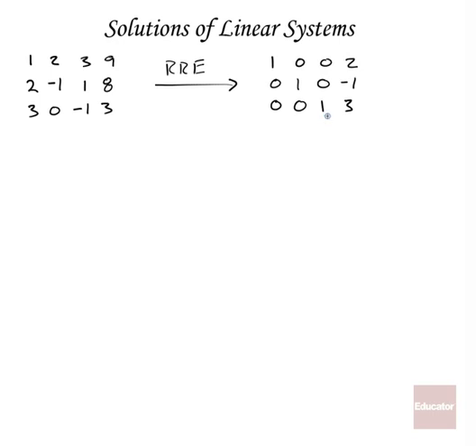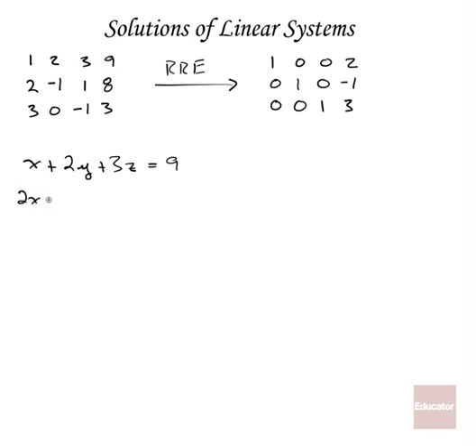Well, we already know that a given matrix represents a linear system of equations. So this system looks like this in terms of the variables. x plus 2y plus 3z equals 9.